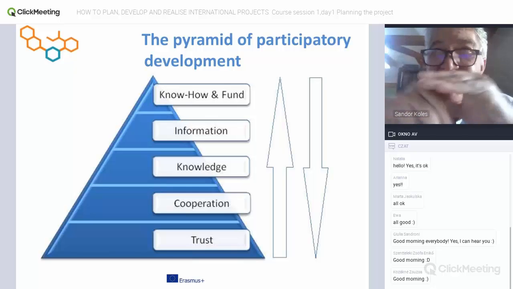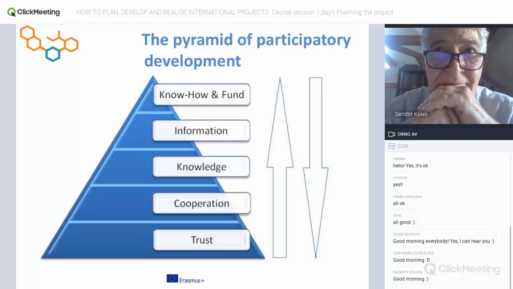And if you get to this level, you can get the necessary information which is necessary to get the funding for your activity. And it's related to the time, because of course it's easy to start, and most of the grant programs and funding programs are about providing money, but as I said before, the money doesn't change many things.